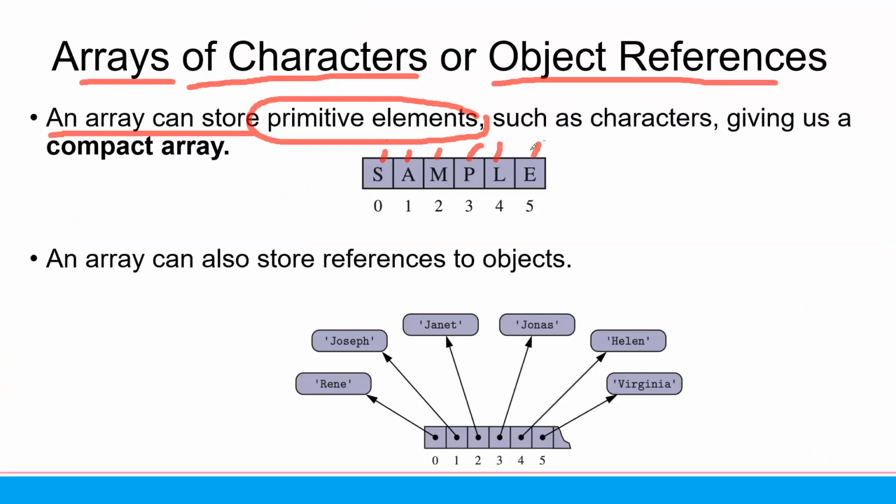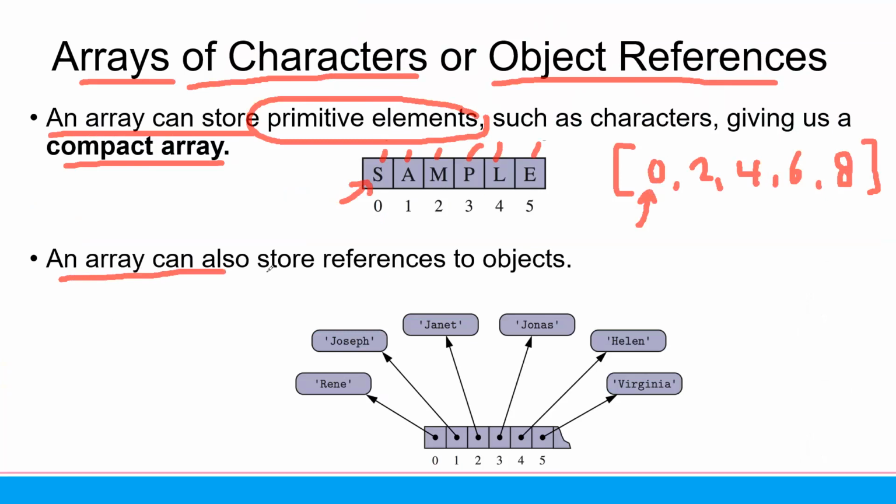Or another primitive element is number. So let's say I have 0, 2, 4, 6, 8 like this. So these are primitive elements. We can just say that it is a compact array. Every element has one single data, or every element just has a primitive element.